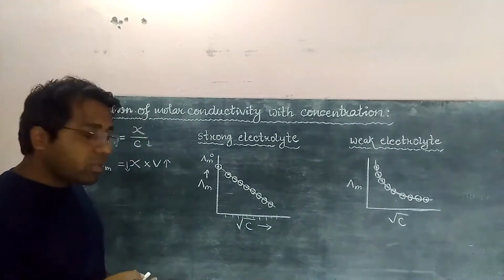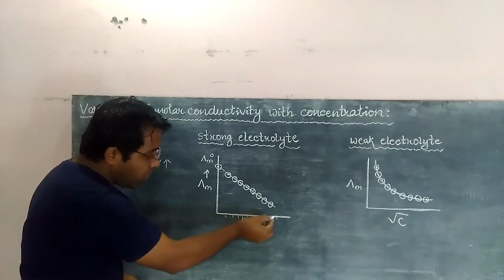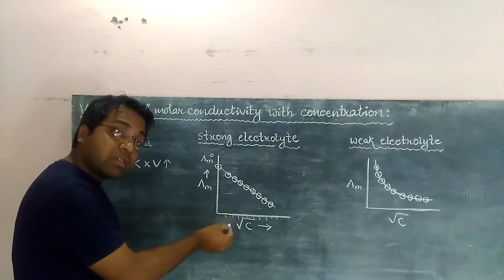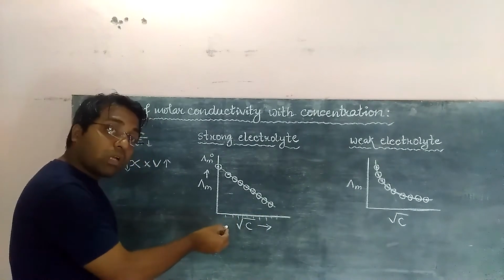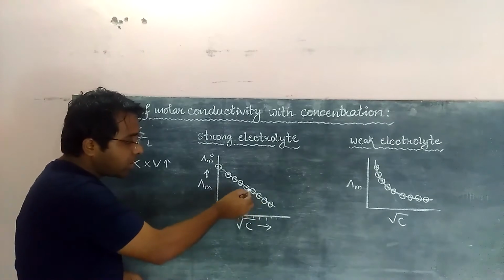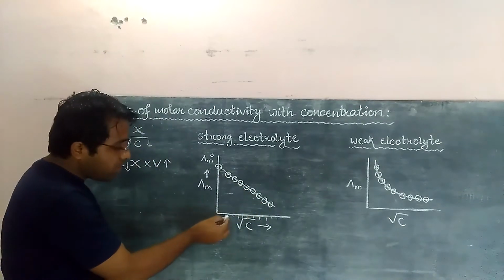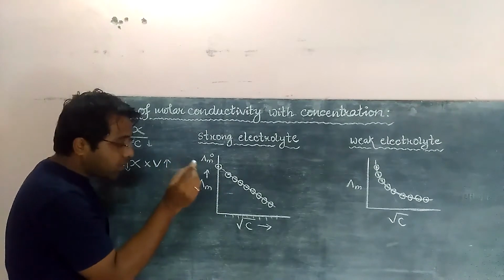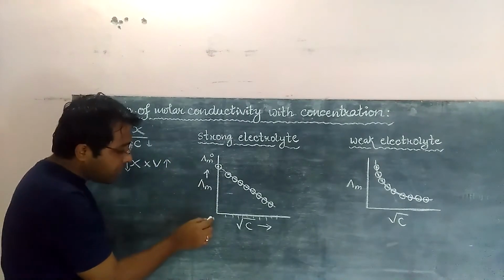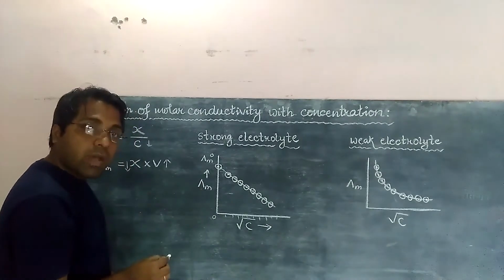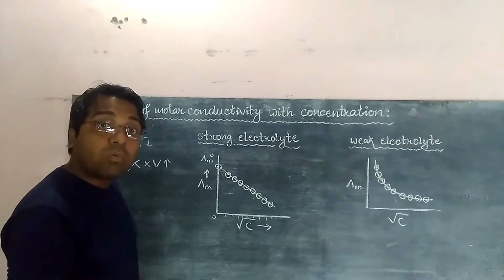Students, mind it once again. If we go on diluting, that is, if we go on decreasing the concentration, molar conductivity also goes on increasing. But there is a stage which will be reached when the concentration approaches almost zero.